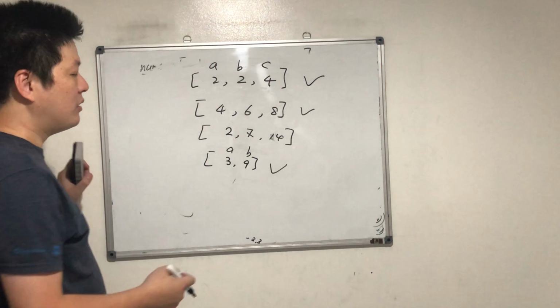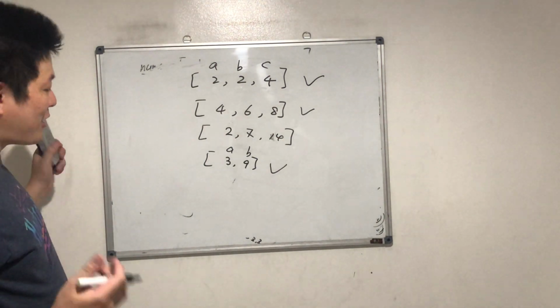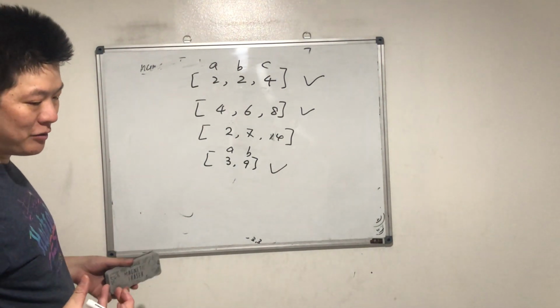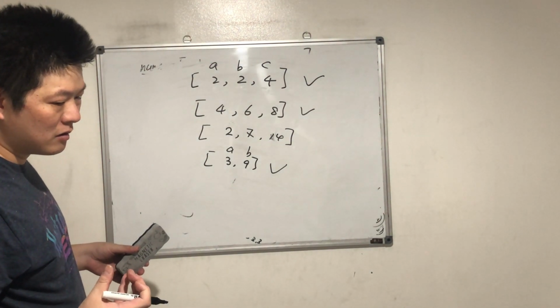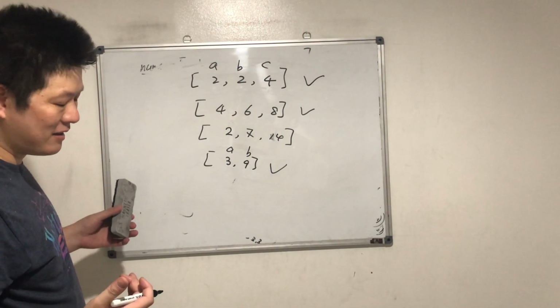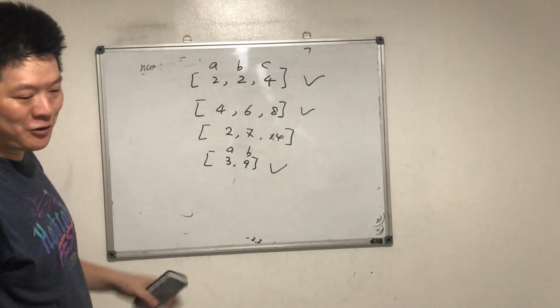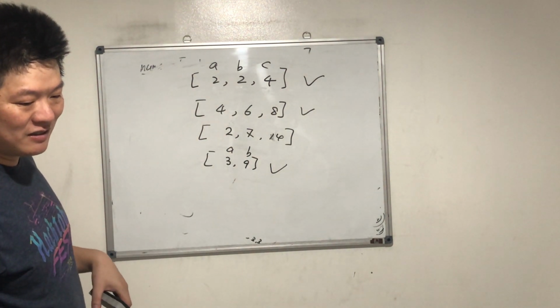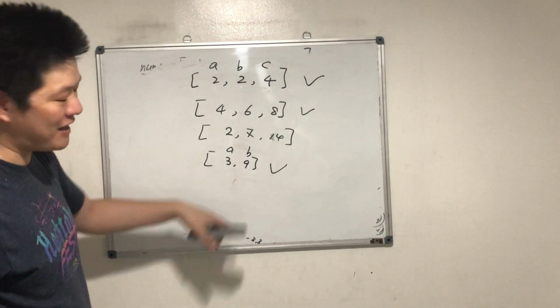So what were you thinking about? No, I'm just checking. Okay. So what's your approach? How are you checking if it's a yes or no? How are you checking if 3, 9 is okay?